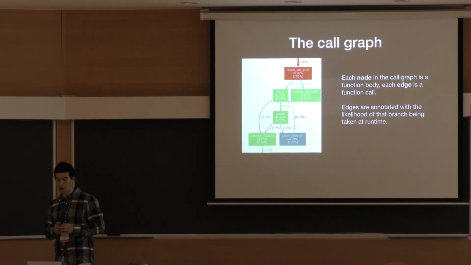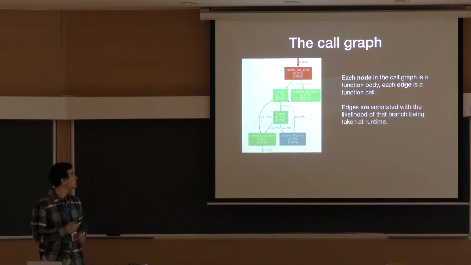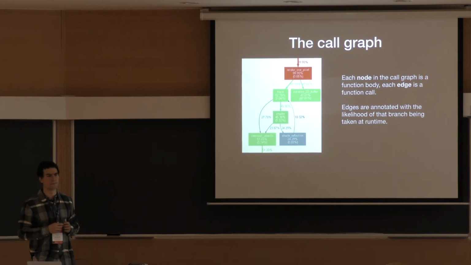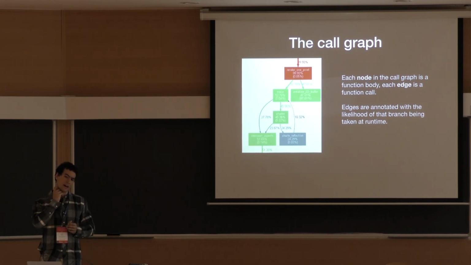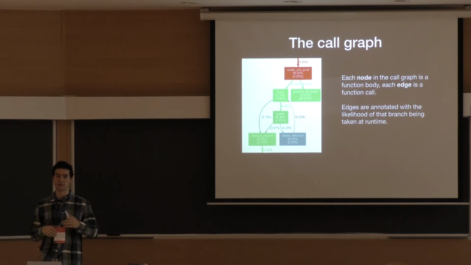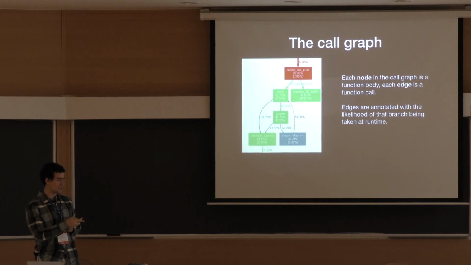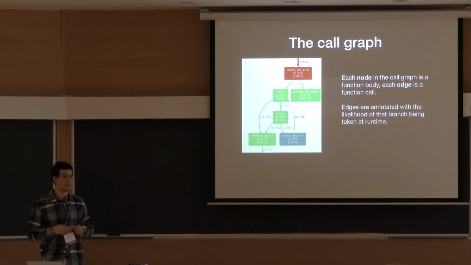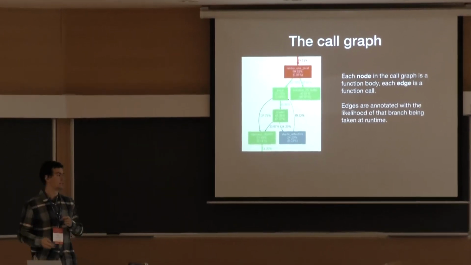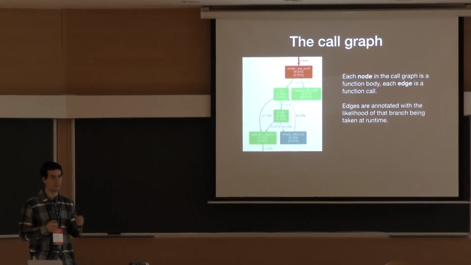And you can get this graph either by using CallGrind, which is part of the Valgrind suite, and then you open it up with a tool that's called kCachegrind, or you can use perf, which is a sampling tool that comes with the Linux kernel, and it basically prints out a text form of this, and then there's a bunch of scripts floating around on the internet that take the text format and spit out the nice plot.